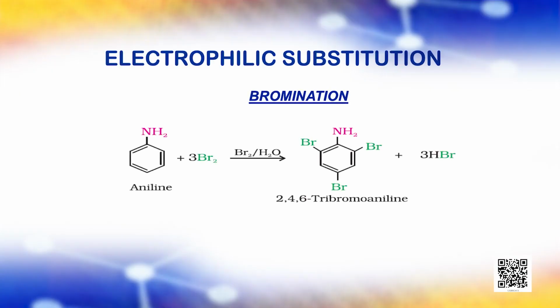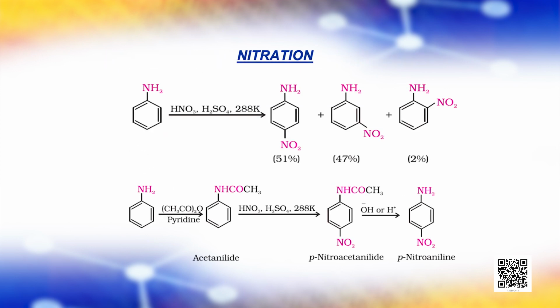Aniline reacts with bromine water at room temperature to give a white precipitate of 2,4,6-tribromoaniline. Direct nitration of aniline yields tarry oxidation products in addition to the nitro derivatives.